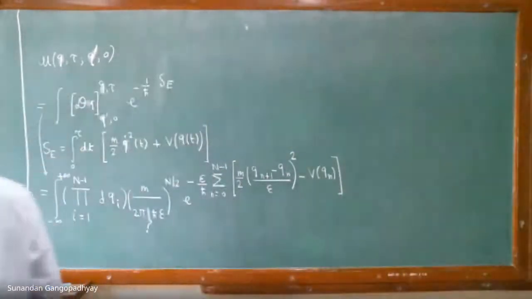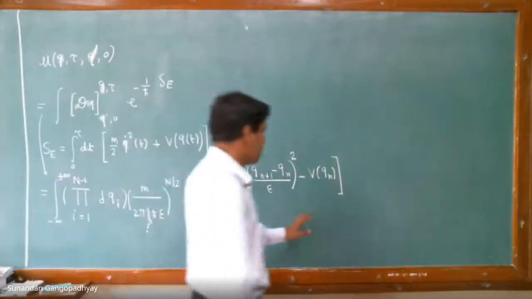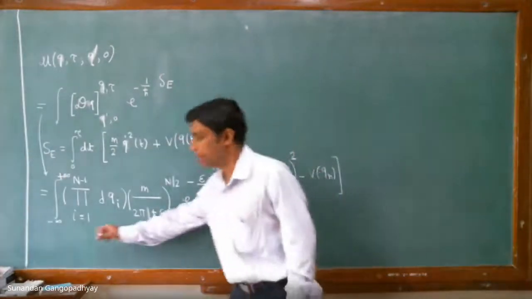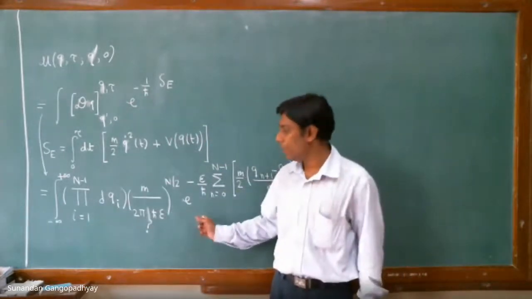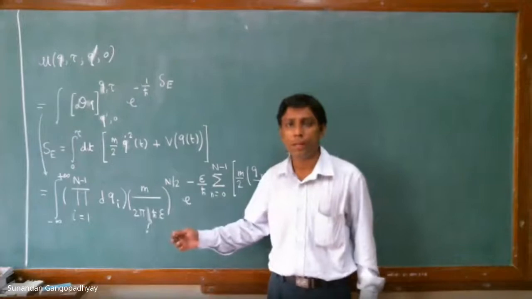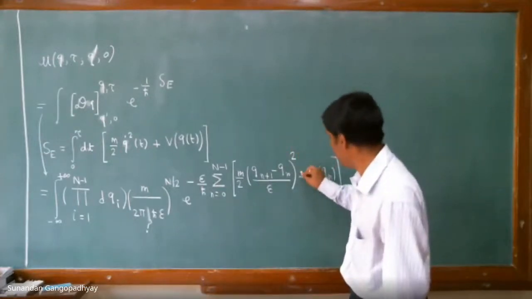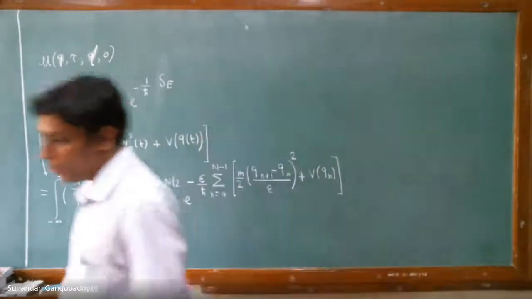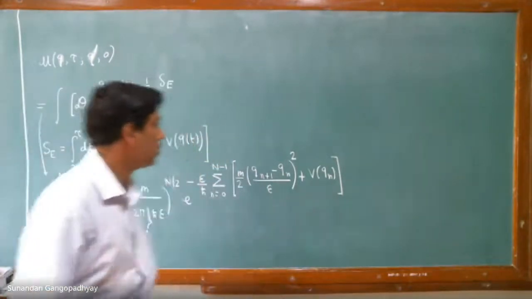In any case, you can start from this path integral. What I shall show you now is the result for the free particle where this V is 0. So this is a plus. Sorry, this should be a plus. You should also check this one. This is surely a plus.